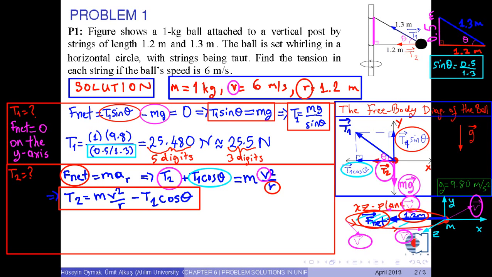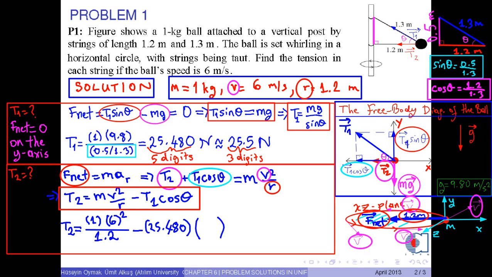Now, substitute the corresponding numerical figures into this formula to get 1 kilogram times 6 meters per second squared divided by 1.2 meters minus 25.480 newtons times, from the right triangle, cosine theta is calculated as 1.2 meters over 1.3 meters, which results in 6.48 newtons.